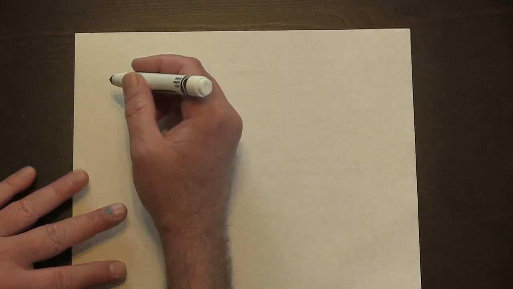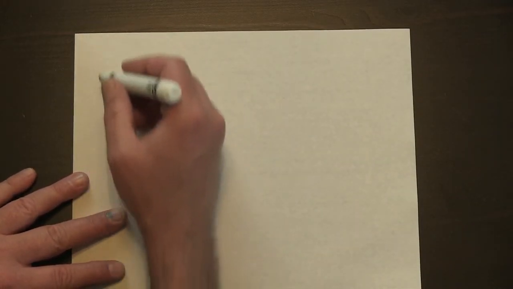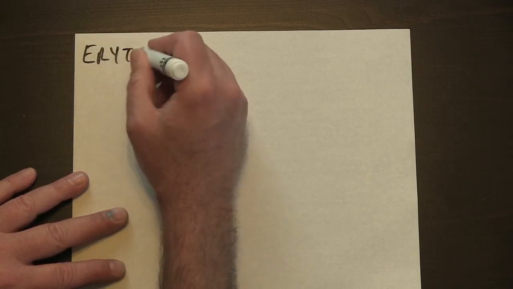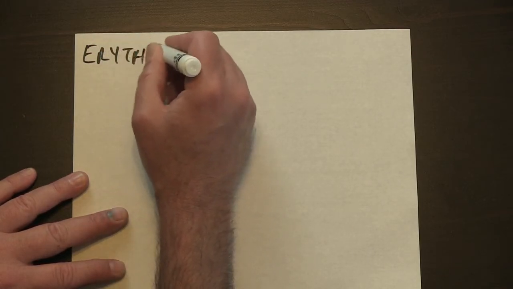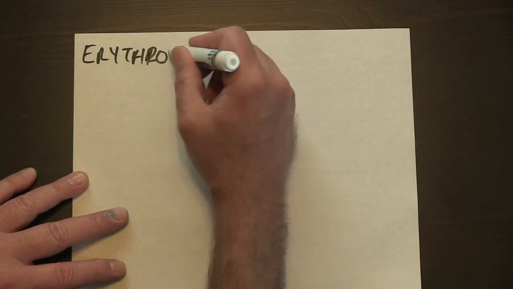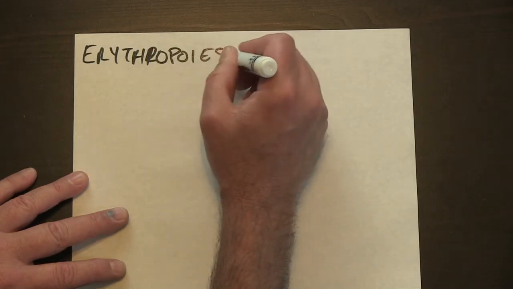Okay. So, when new blood is made in the red marrow of your bones, the process is called erythropoiesis. That's an R, poiesis.